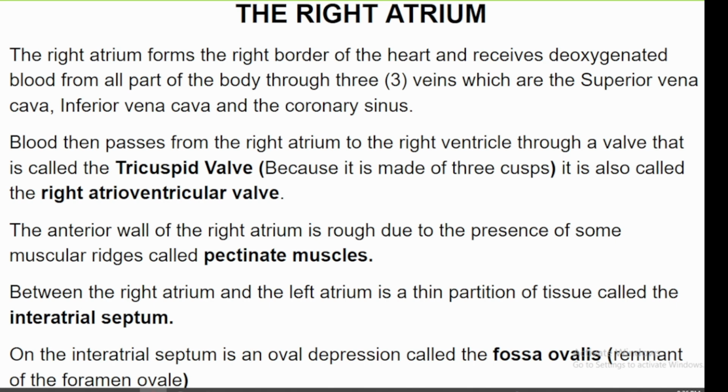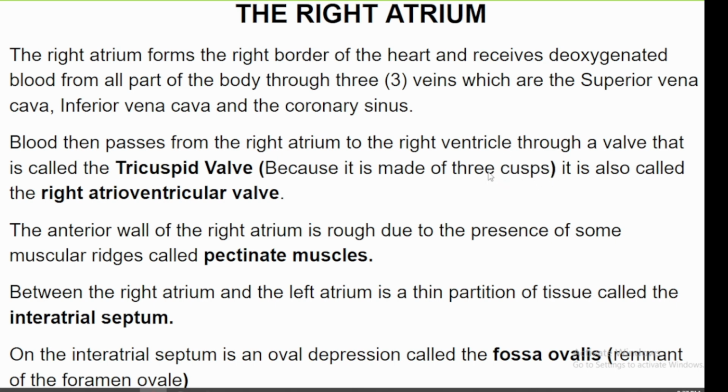So now blood passes from the right atrium. When all this blood from all these areas passes through these 3 veins into the right atrium, the blood then passes from the right atrium to the right ventricle through a valve. Now that valve is called the tricuspid valve. Tri means 3. So it is called a tricuspid valve because it is made of 3 cusps.